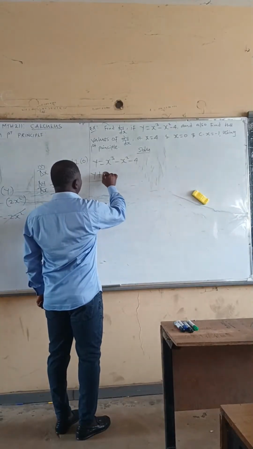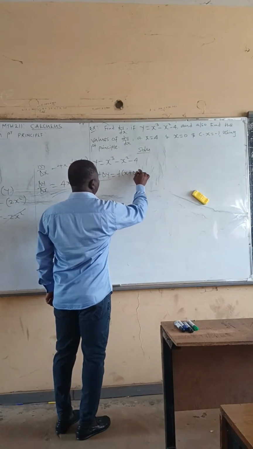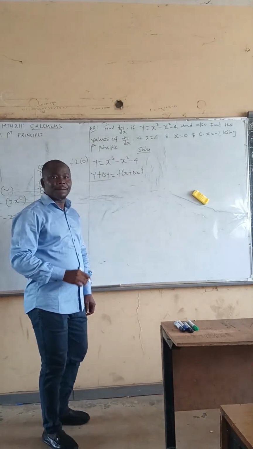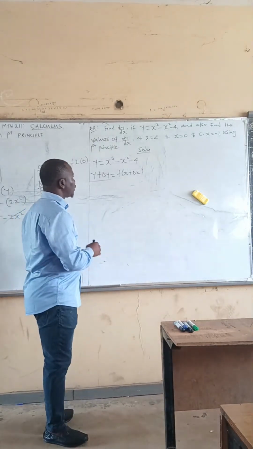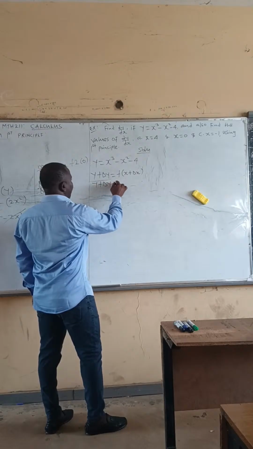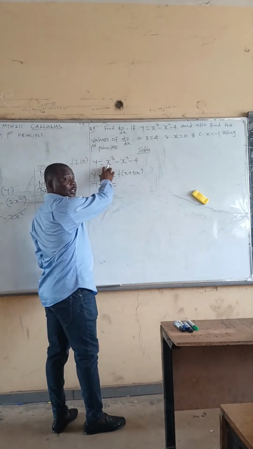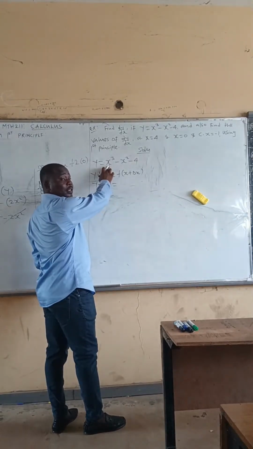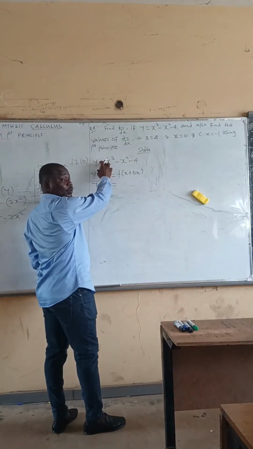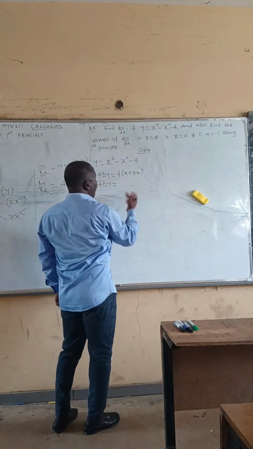y plus dy equals f of x plus dx. Okay? So far, so good. y plus dy is equal to: what is here? 1. So here is 1, but it's not necessary.